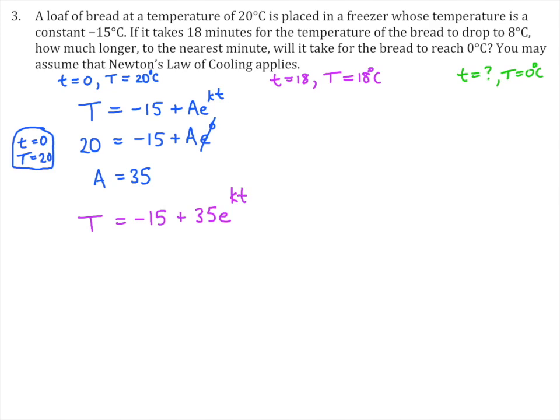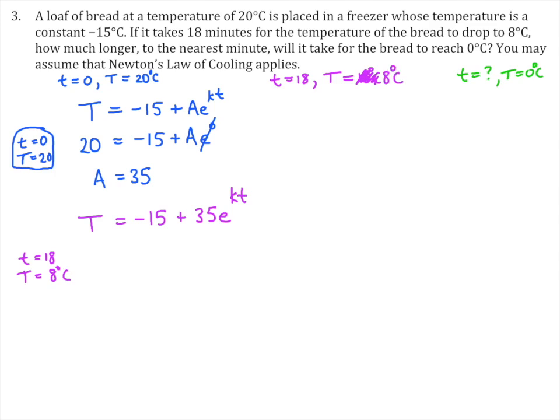Well, let's use our second piece of information. This part here. We know that after 18 minutes, the temperature is going to be 18 degrees Celsius. Oh, need to be careful, and you've probably been looking at it. Very careful with that. After 18 minutes, the bread drops to 8 degrees Celsius. So let's fix that up there.